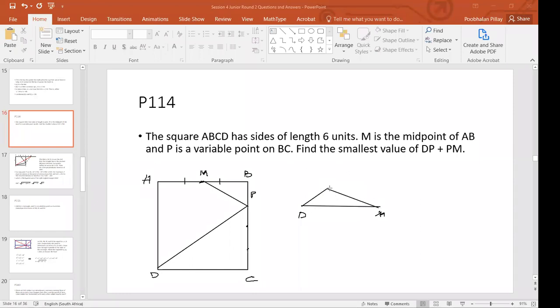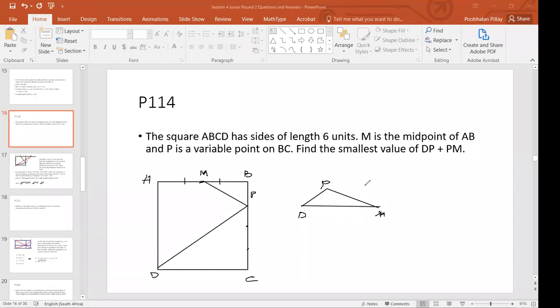And if P is somewhere here, you'll notice that DP plus PM is always bigger than DM. It's what they call the triangle inequality. Two sides of a triangle, DP plus PM, is bigger than DM, right?